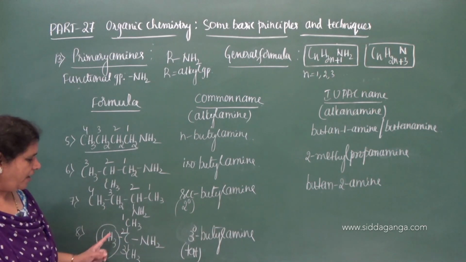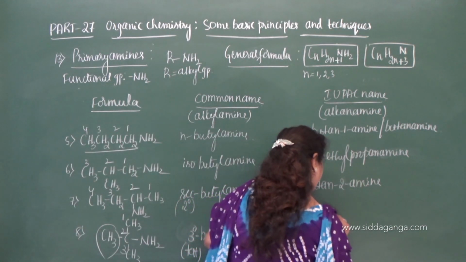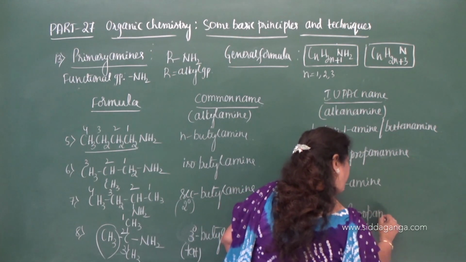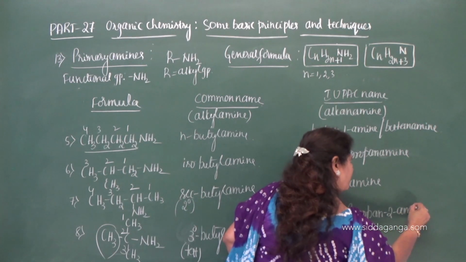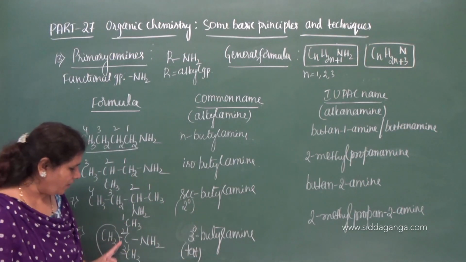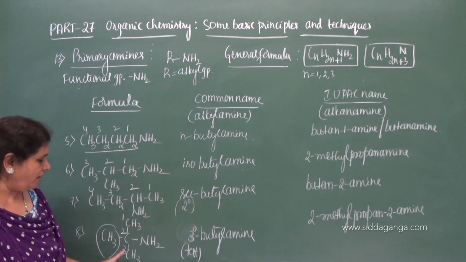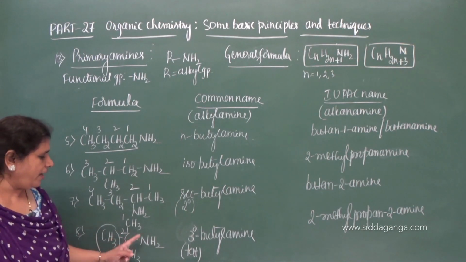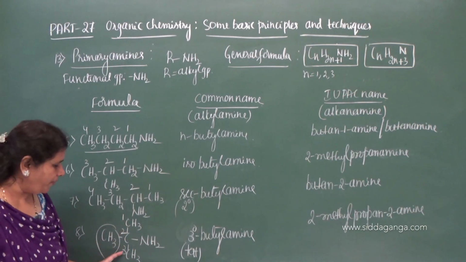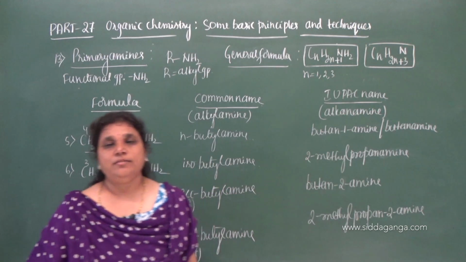So what is the name? 2-methyl propane-2-amine. On the second carbon we have the methyl group, and on the second again we have the functional group. Therefore, 2-methyl propane-2-amine is the IUPAC name of tertiary butyl amine.